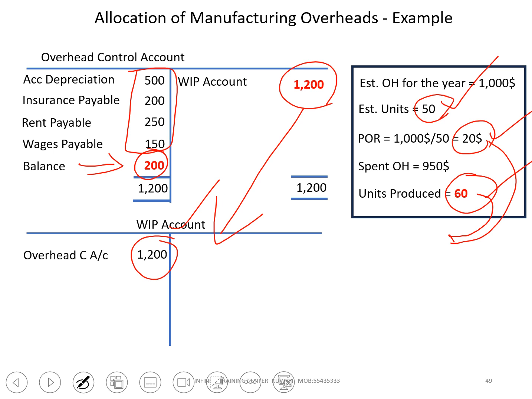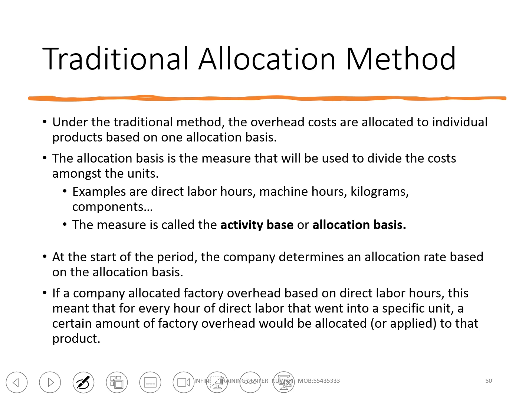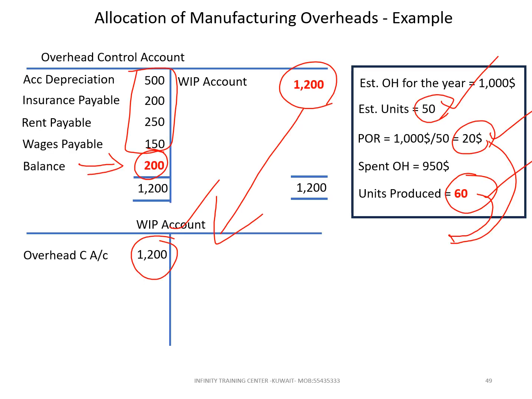It can be under application or it can be over application. Okay, I hope you understand what is over applied overhead and what is under application with this example. And I will stop this video here, and we will discuss the rest of the things in the coming video. Thanks a lot for watching, and thanks a lot for being with me.